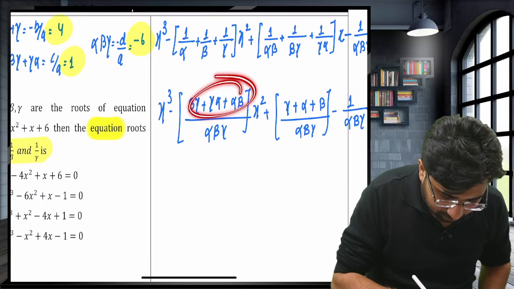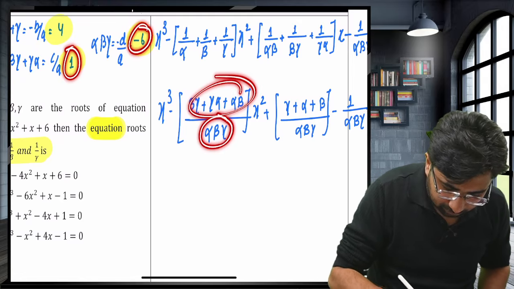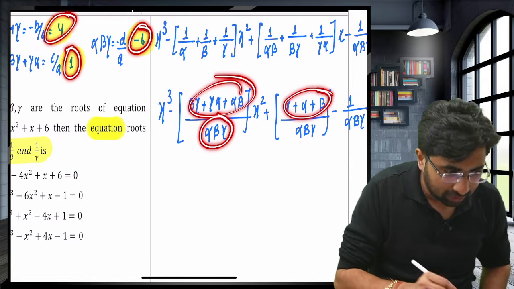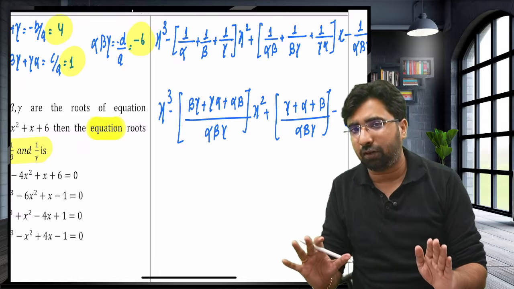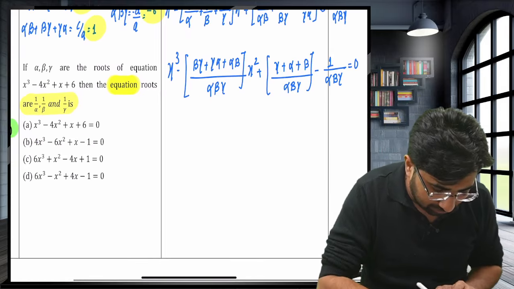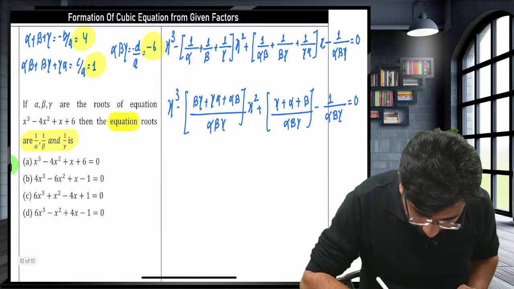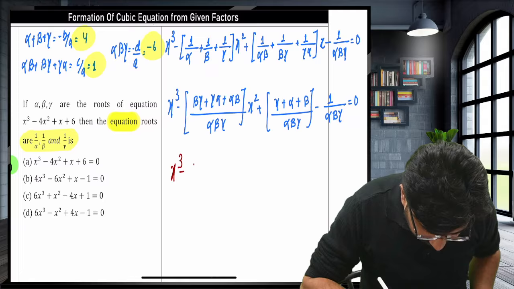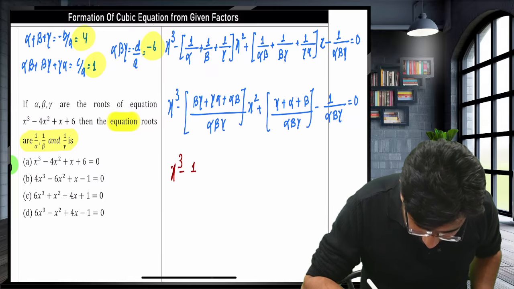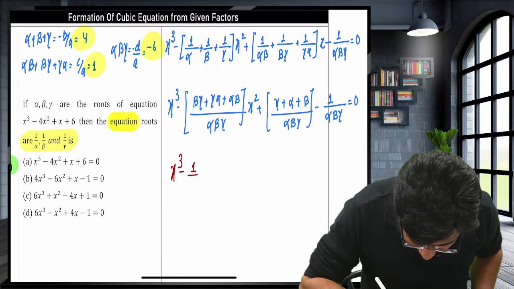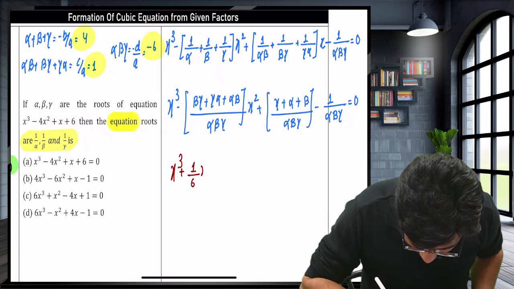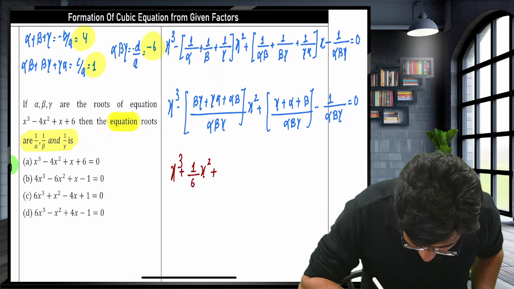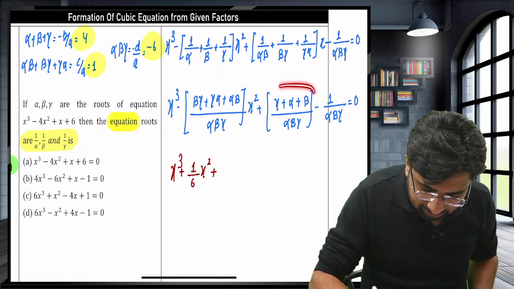Now see, guys, you know everything. You know alpha plus beta. You know everything in the form of numbers. Let's put the numbers and get the answer. Aman sir, x cube minus, this is 1 into x square, 1 into 1 upon minus 6, minus minus will be plus 6 x square plus, what is alpha plus beta plus gamma?